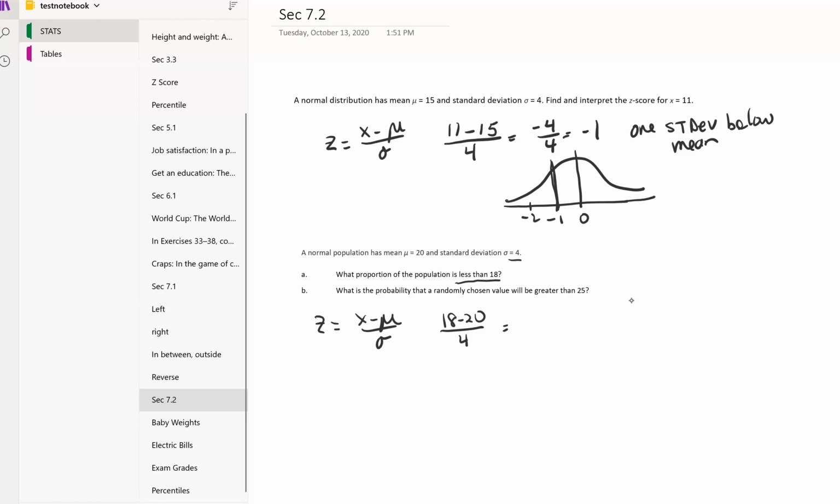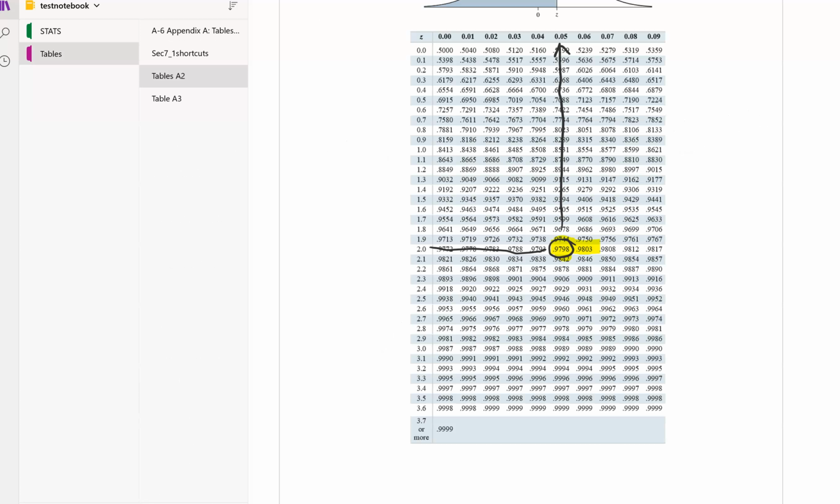So this comes out to a negative 2 divided by 4, which is a negative 0.50. So I'm going to look this up in A2. So I go to my tables and I want to look up a negative 0.50.